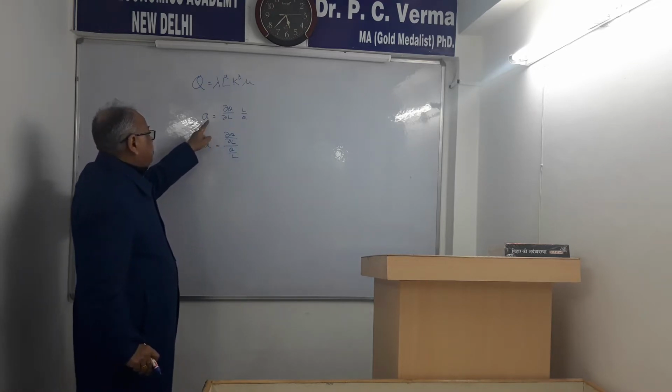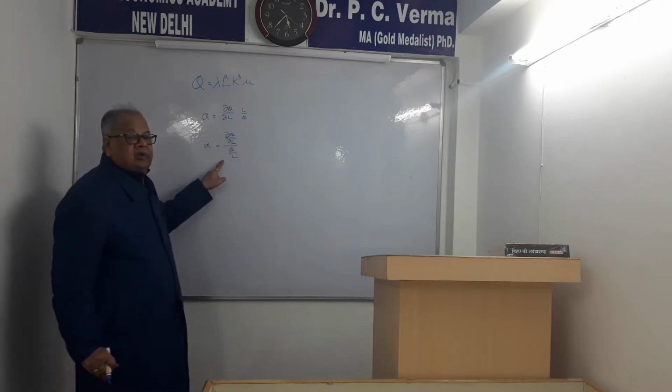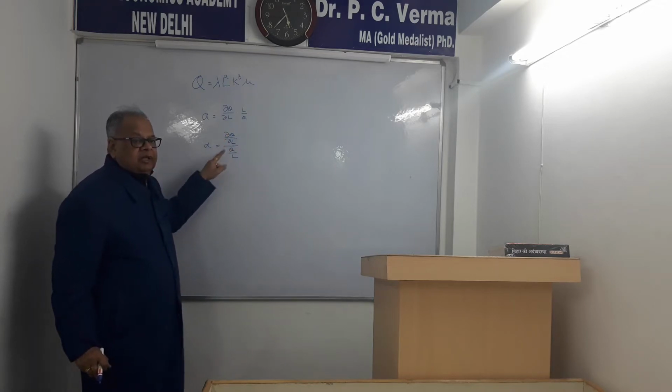Alpha is equal to delta Q by delta L and L by Q. This term may be inverted, in multiplication form.